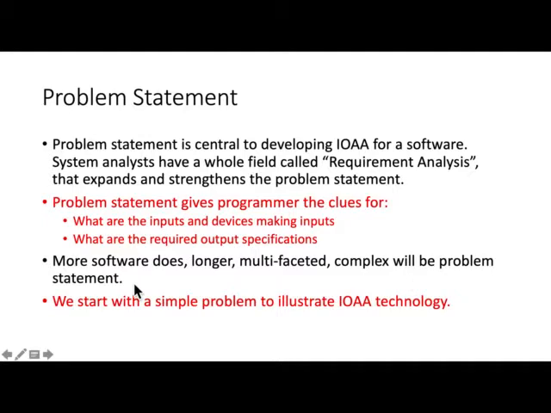Here I might have just a 3-line problem statement. In big software like an information system for a company, my problem statement might be 50 pages with sections and subsections. Right now we're going to start with a very simple problem to illustrate IOAA technology. As complexity goes up, the statement will be more pages, the analysis will be more pages, and so on.